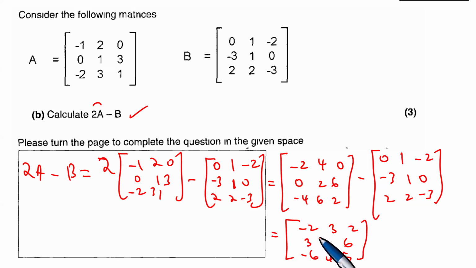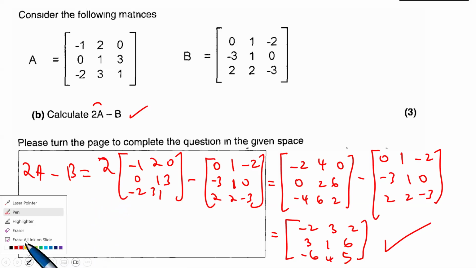So this is 2A minus B, and therefore this is the result.